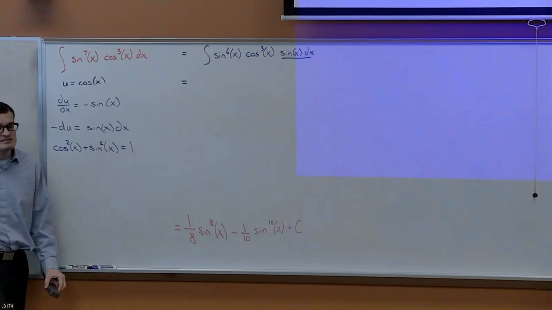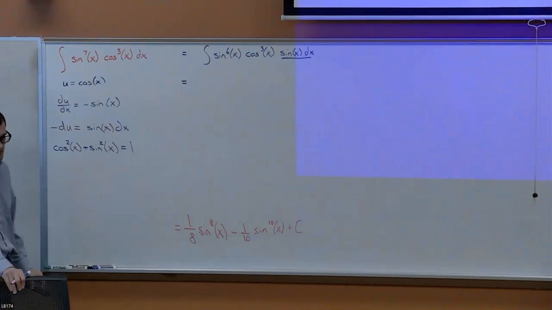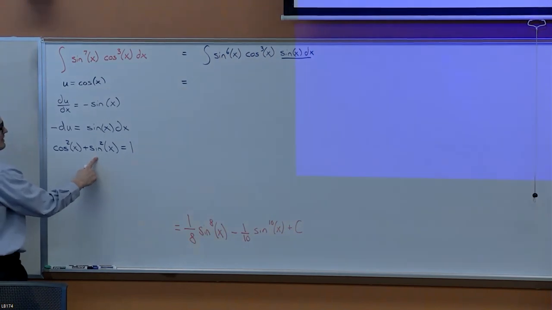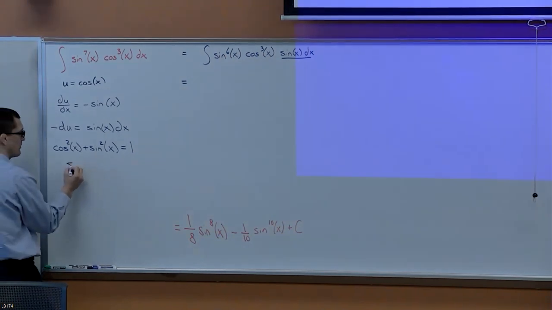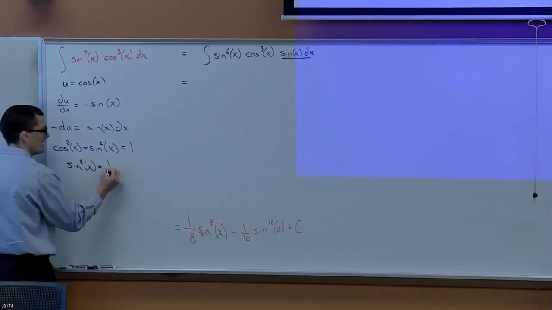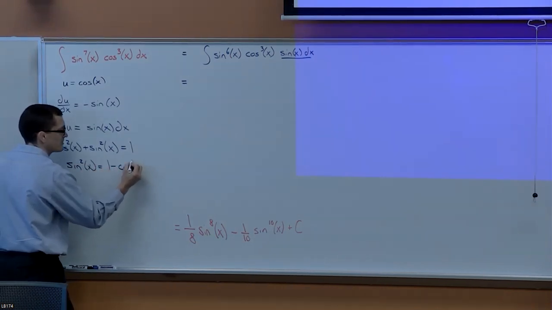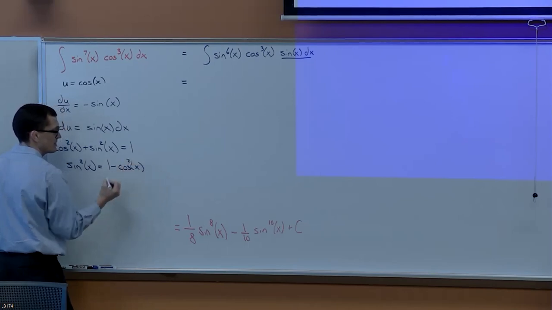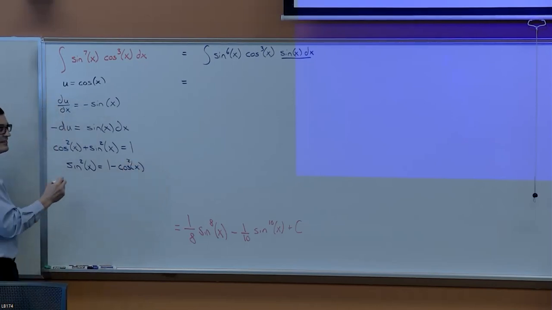Now, sine to the 6th is okay to deal with, but it's more difficult than a sine squared. So when we have a sine to the 6th power, what we have to do is say, well, sine squared is 1 minus cosine squared. And then I have to raise both sides to the 3rd power.